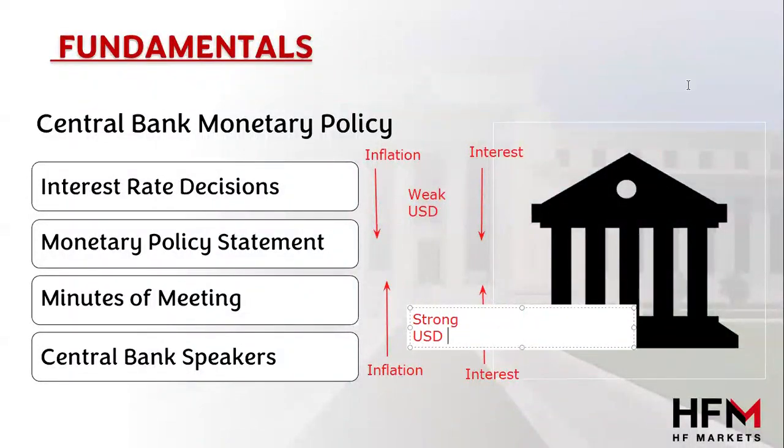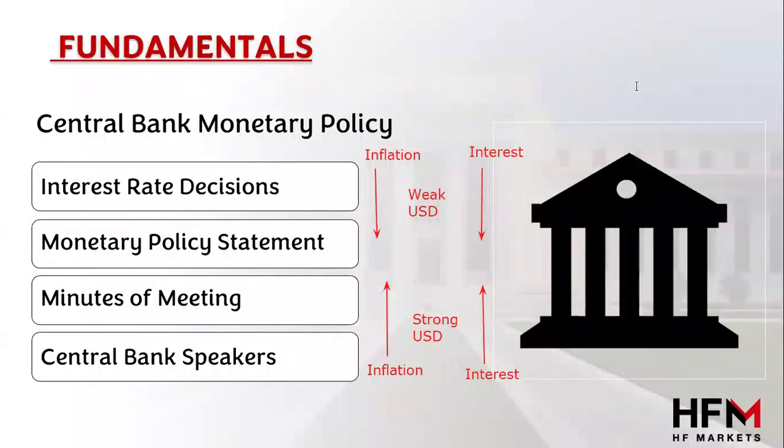Which means, under normal circumstances, if we find interest rates moving lower because inflation is going down, its natural way of affecting the currency is to make the currency weak. But at the same time, when we find inflation rising and interest rate is expected to climb alongside, it strengthens the currency. Now, this was what happened during COVID, and this was post-COVID.